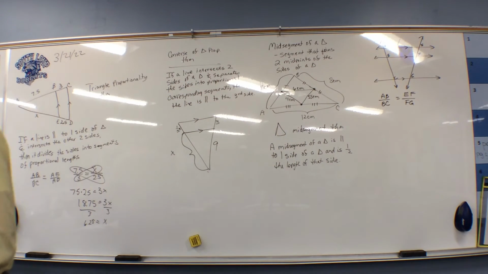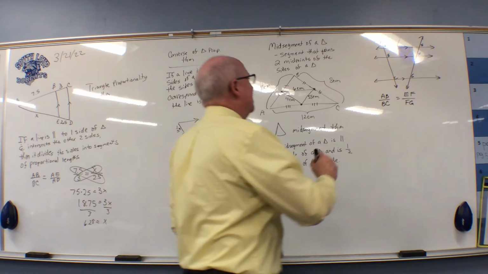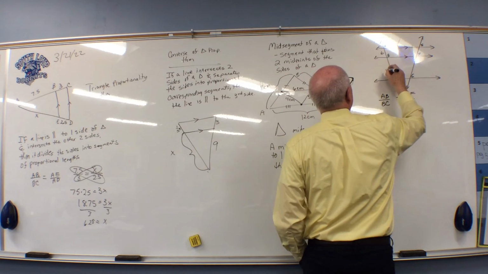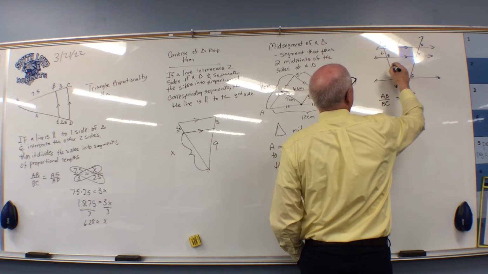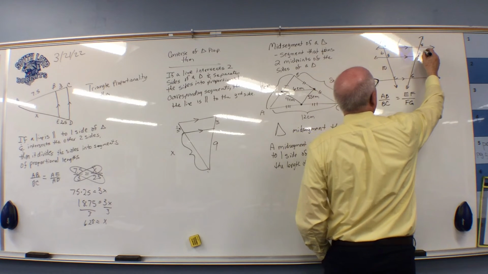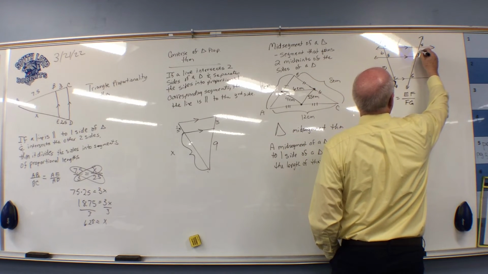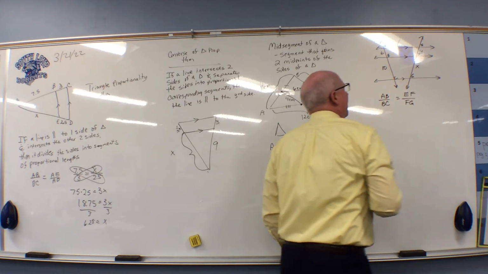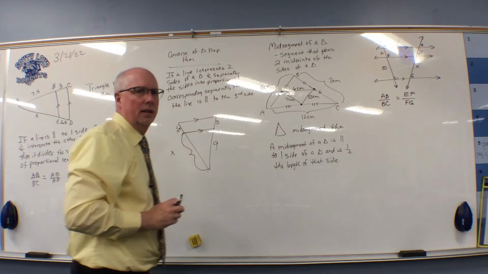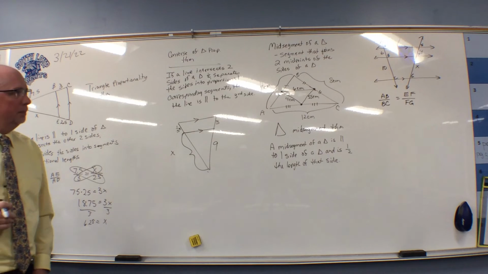So, if I knew some of these, if I said, okay, well, this is 6, and this looks like about 10, and this is 4, could I find that X? And how would I do that?